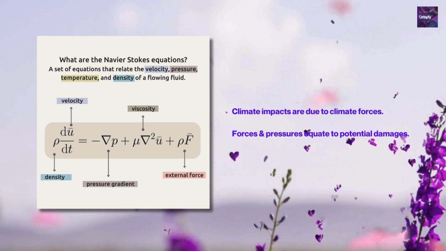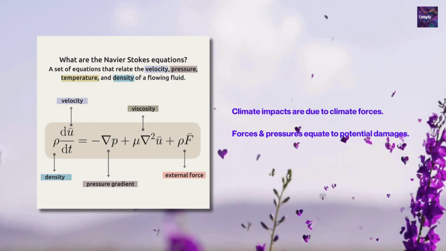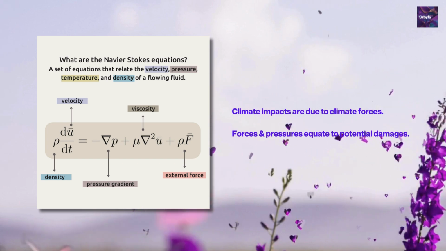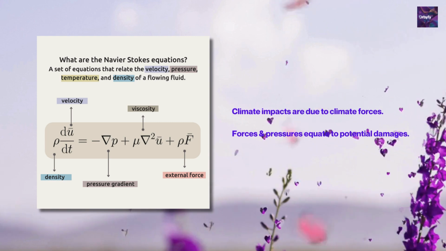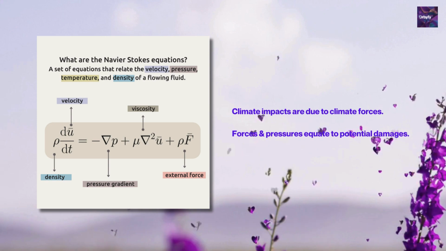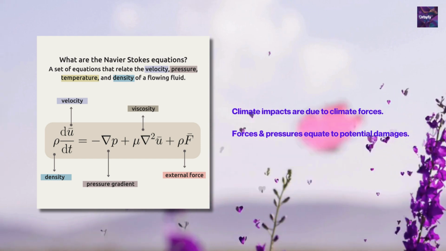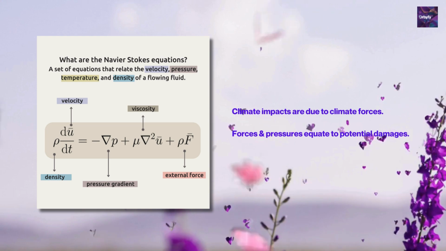And why? Why do we do this? Every climate event results in climate forces. And from your Physics 101, a force equals mass times acceleration, or it can be represented as a pressure times an area. But it's until and unless we understand the pressures and forces on structures and start to compare that to building codes and damage classifications, how are we ever going to get a true sense of impact?